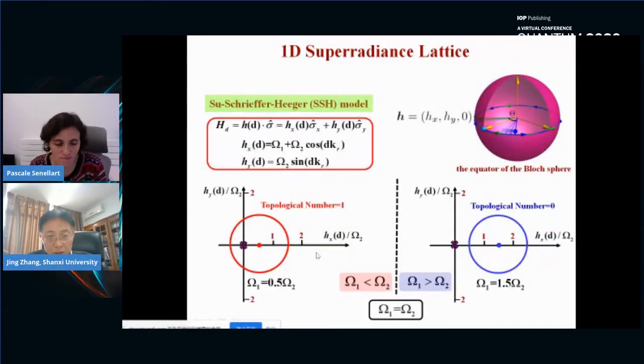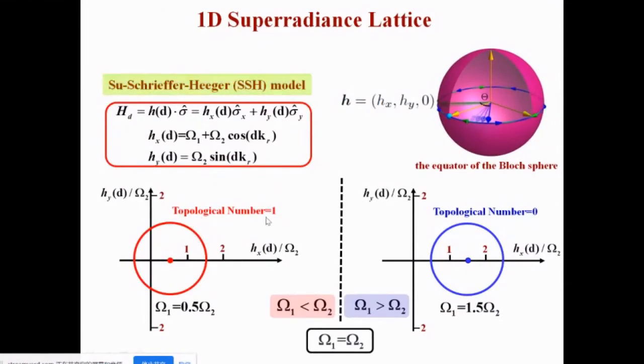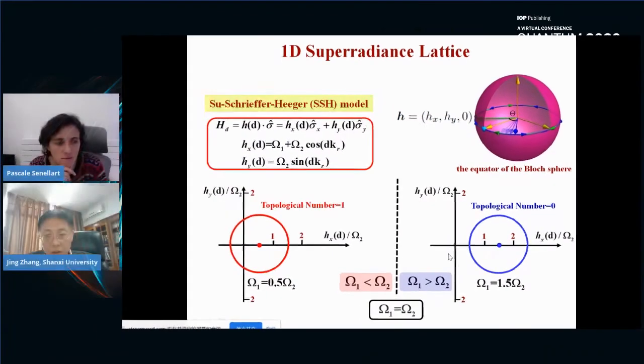When we change omega-1 and omega-2, larger or smaller, the Hamiltonian either encircles this center or does not. When it does not encircle the center, it is trivial, with topological number 0. When it encircles the center, it is a topological band, and the topological number is 1.